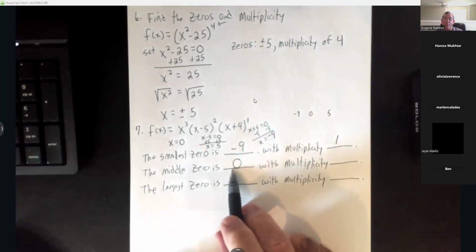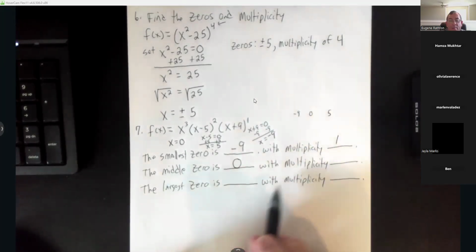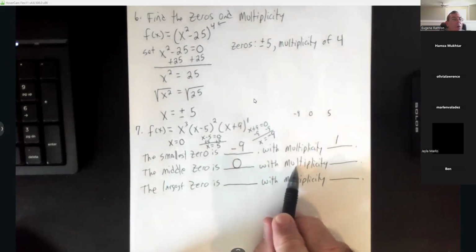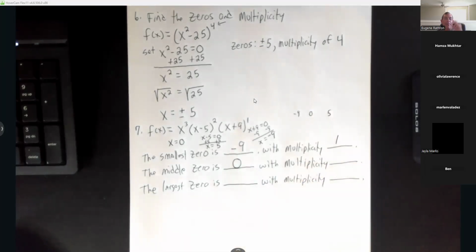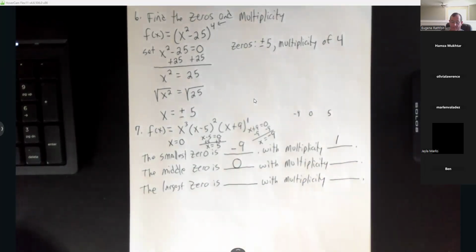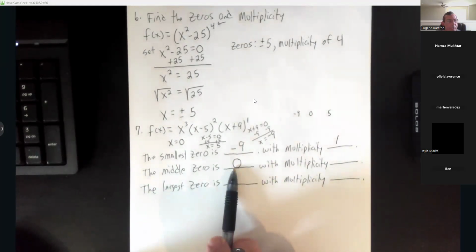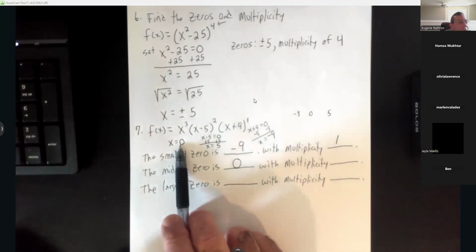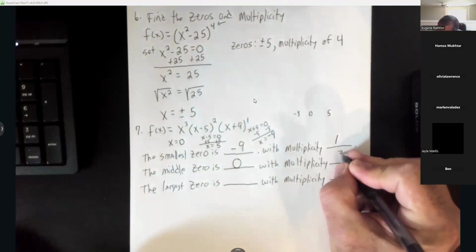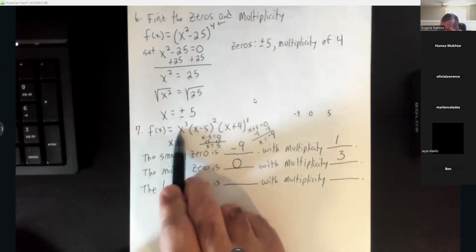So that means 0 is the middle one. What's the multiplicity of the zero of 0? So the zero of 0 came from this one. What do you got? 3. Good job. Because that came from this factor.